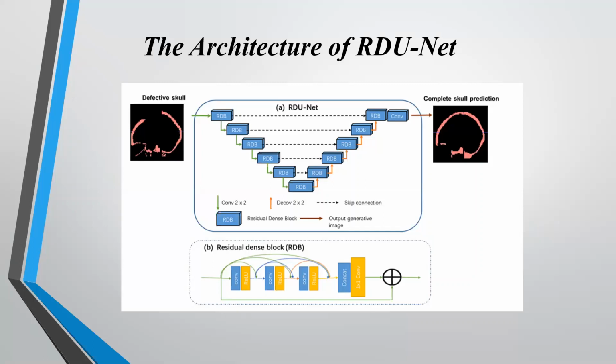They have set the channel of RDBs to 32. During downsampling, the image resolution was 128 by 128 by 64, and for upsampling, the size was 512 by 512 by Z. Downsampling is used to reduce the spatial resolution while keeping the 2D representation the same, and upsampling is used to increase the spatial resolution while keeping the 2D representation of the image.